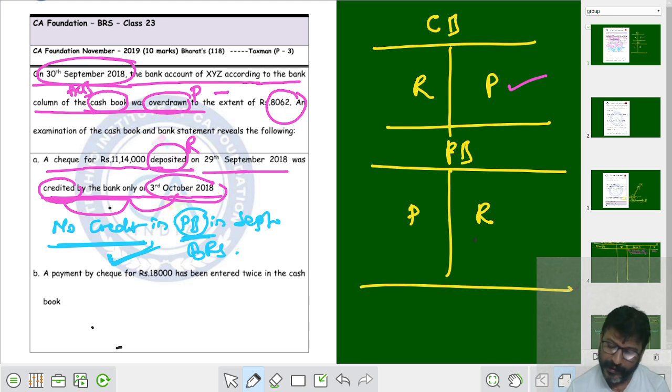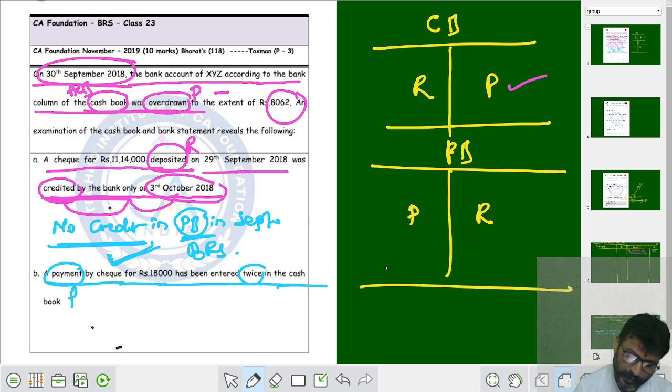Now let us move on to the next one. See what happened over here. Payment by check of 18,000 has been entered twice in the cash book. So what do you mean by payment twice in the cash book? We can say there is overpayment in the cash book.